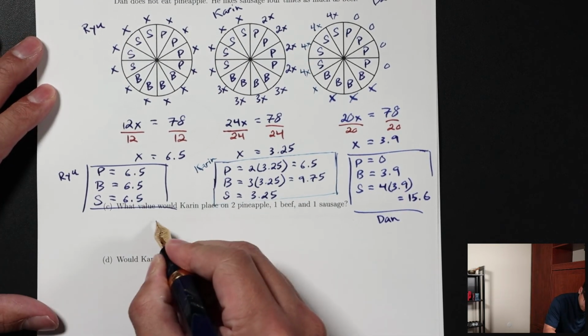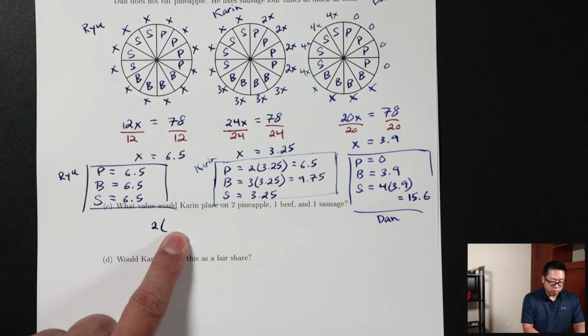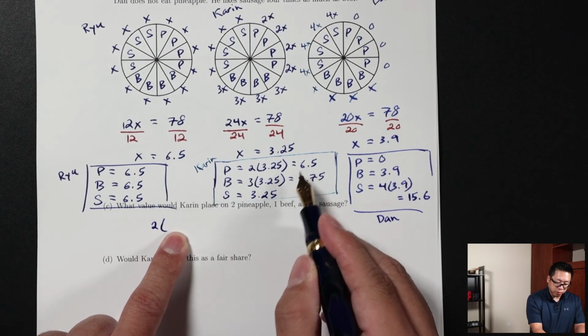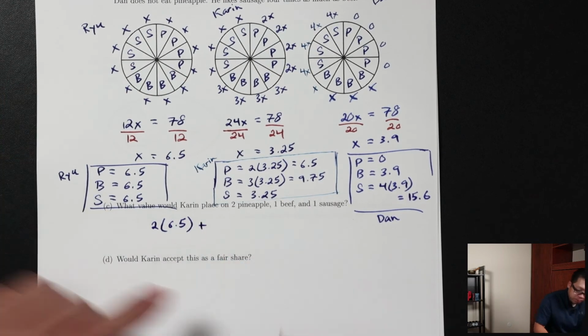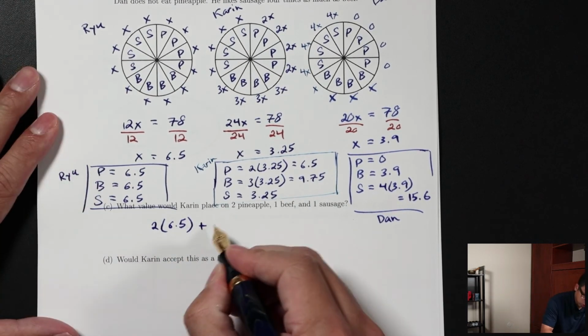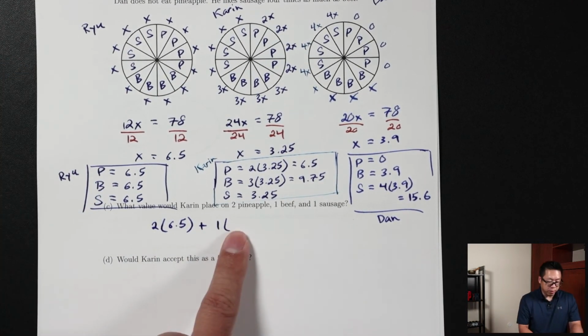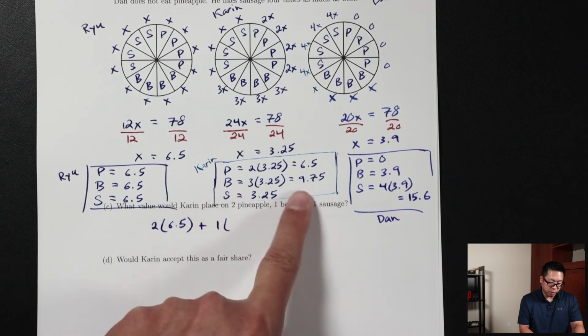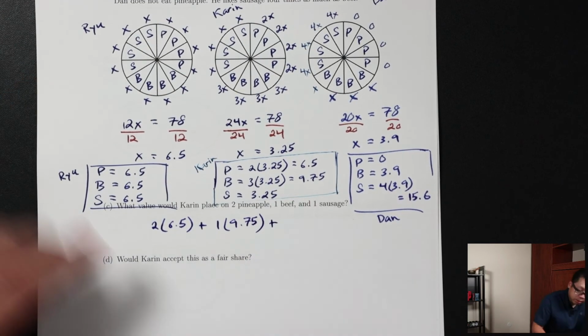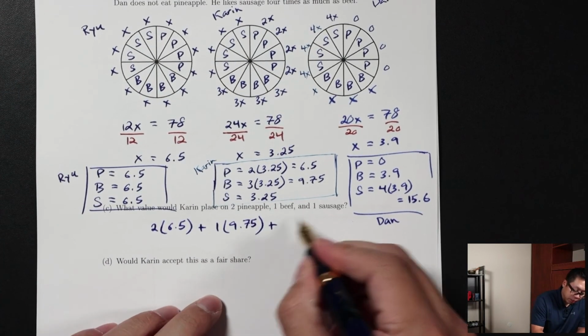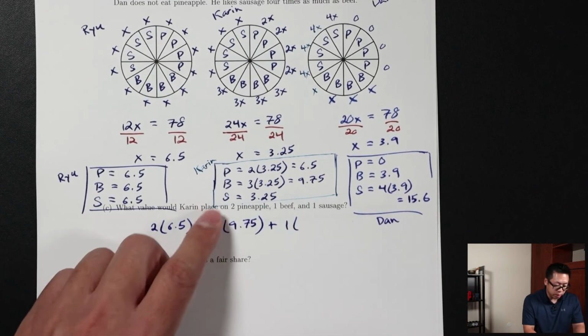So 2 times the value of pineapple for Karen, which is 6.5, plus 1 times the value of beef for Karen, which is 9.75, plus 1 times the value of sausage for Karen, which is 3.25.